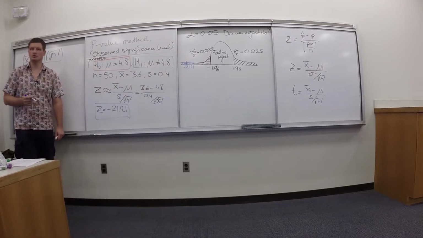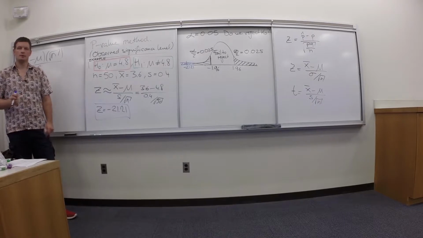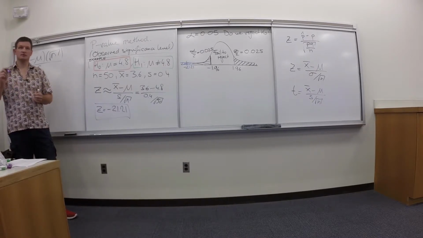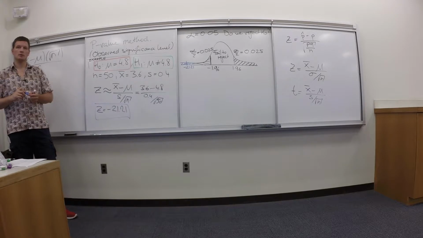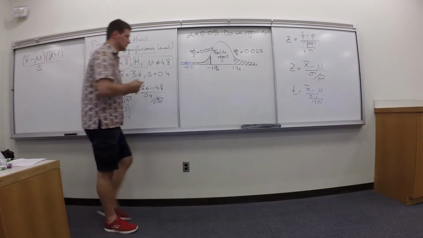Which means, what conclusion do we draw? If the test statistic falls into the reject region, we reject H sub 0. So we prove H1.